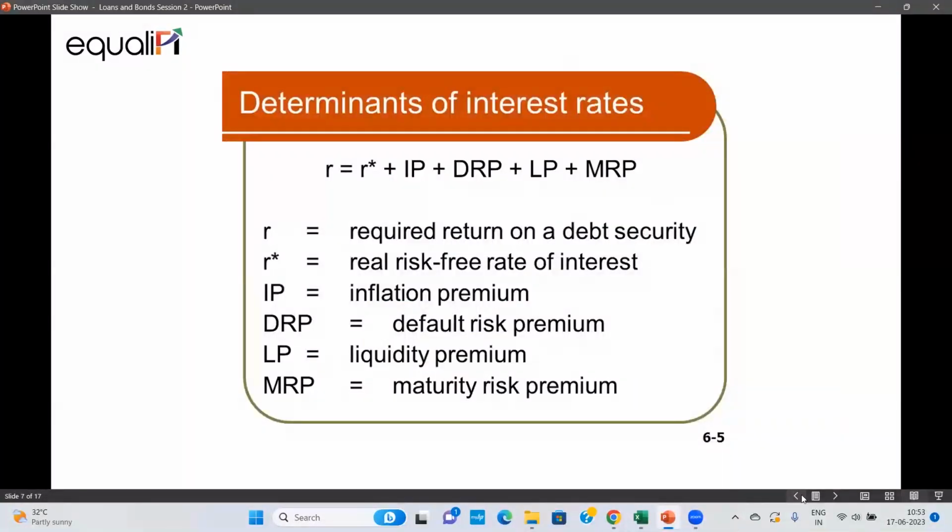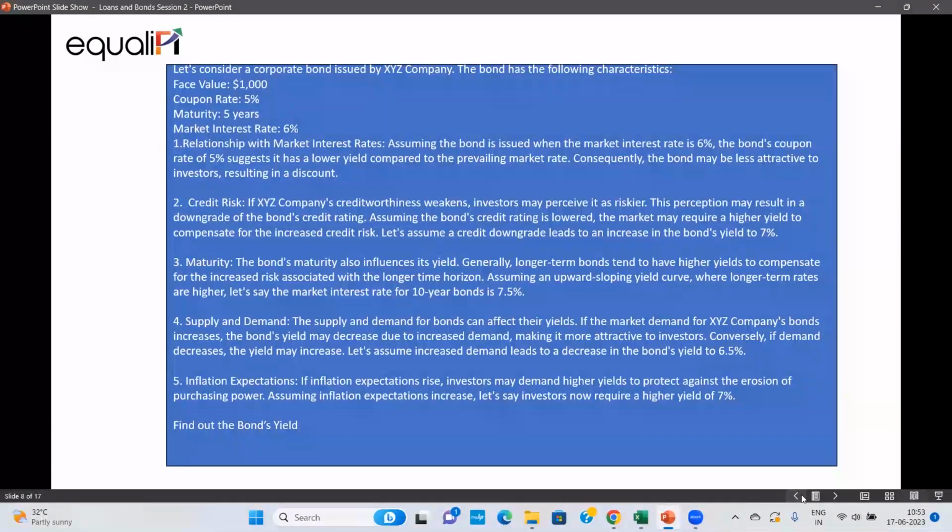We have considered credit risk, and then last but not the least is the inflation expectation. If the inflation expectations rise, investors may demand higher yields to protect against the erosion of purchasing power. Assuming the inflation expectation increases, and let's say investors now require a higher yield of 7%. Now you tell me what is the rate of interest for this instrument.